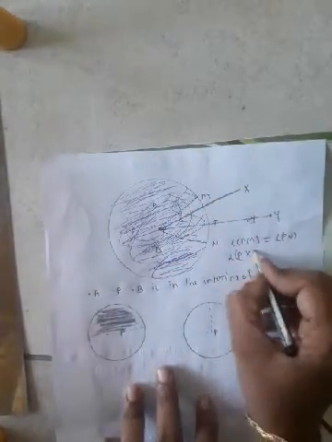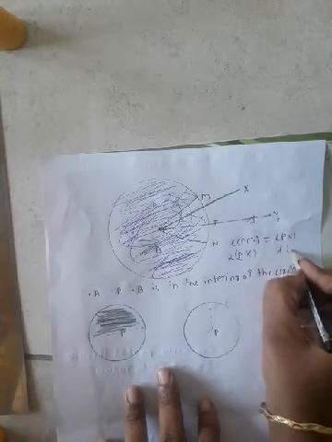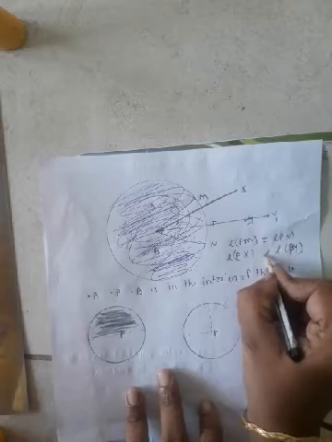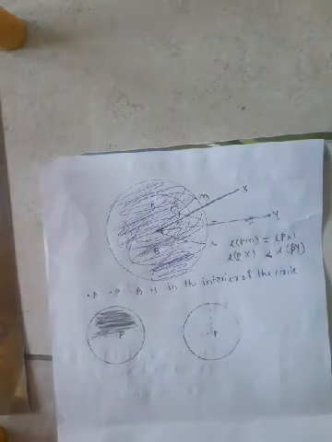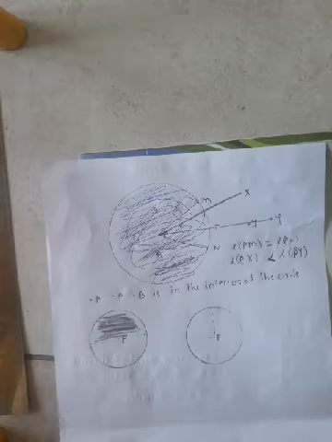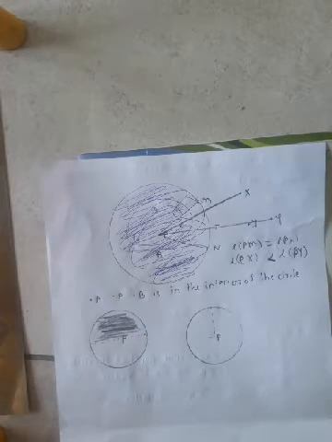Which is the bigger? PY. So PX is less than PY. Which is nearby the circle? The exterior point nearby the circle is smaller than the point farther from the circle.